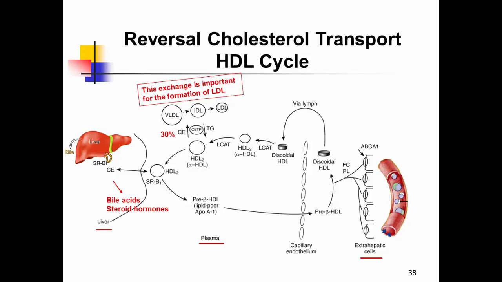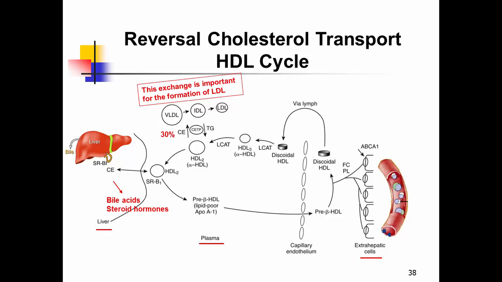So ABCA1, which is a transporter, remember, is located on the cell surface of peripheral cells, and the main function of ABCA1 is to transport free cholesterol from peripheral cells and upload the free cholesterol to the beta HDL, right?